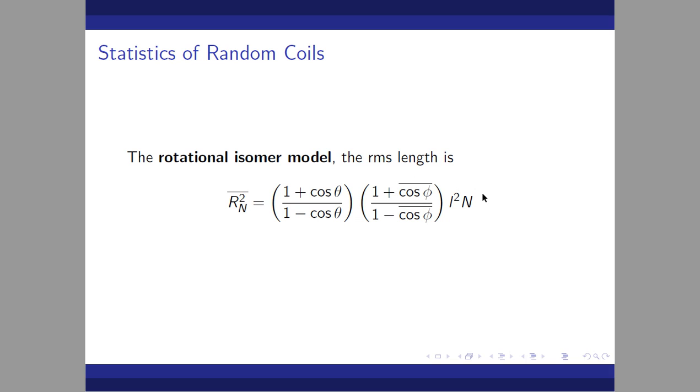Okay, so we can get the root mean squared end to end length equal to this equation. So if we know theta and we know p, we can calculate the end to end length of that molecule, or we can estimate the end to end length of that polymer.